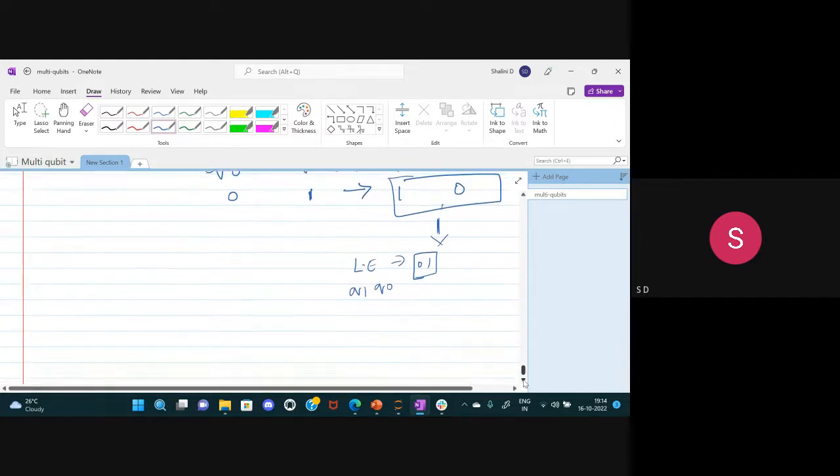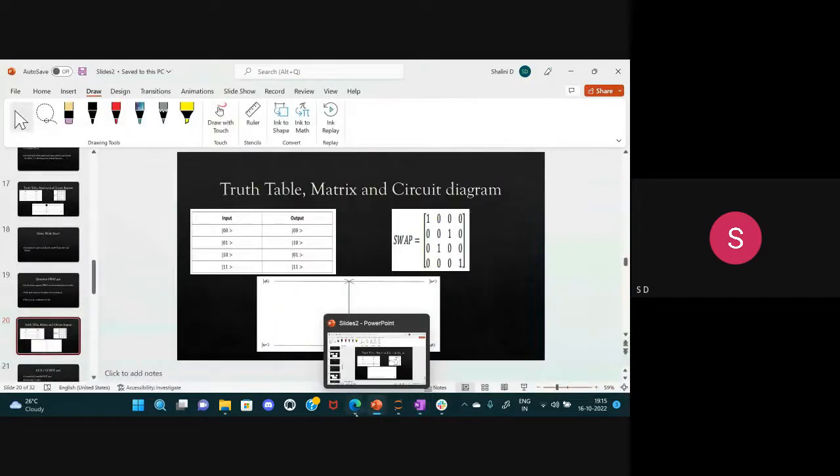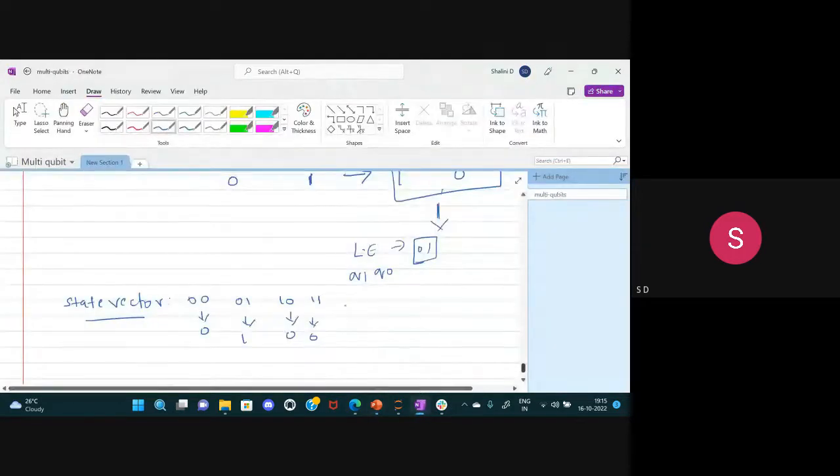So what is the state vector? Our state vector will be 0 0, 0 1, 1 0, 1 1. For 0 0 you have 0, for 0 1 you have 1, for 1 0 you have 0, and for 1 1 you have 0.